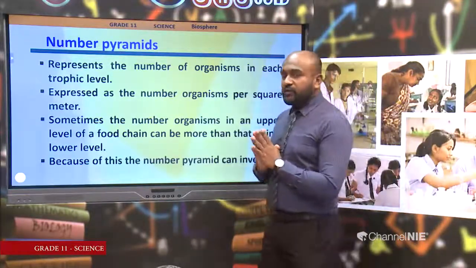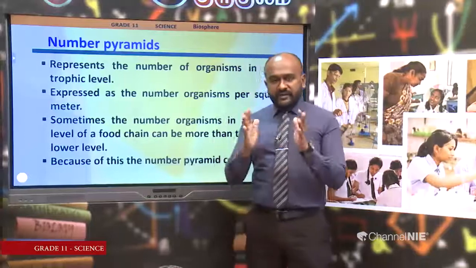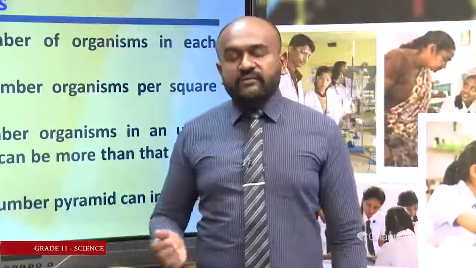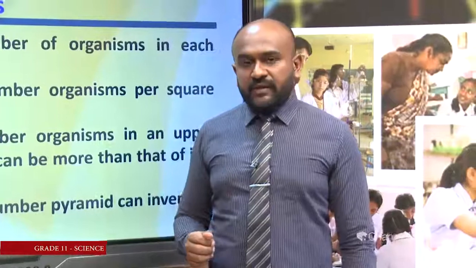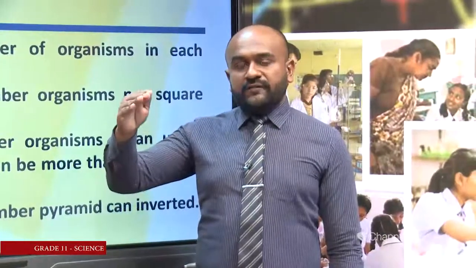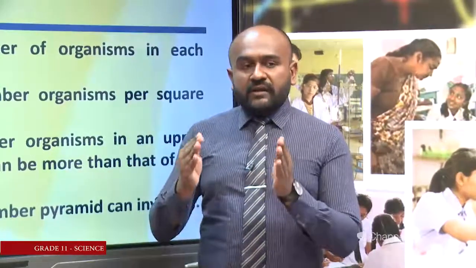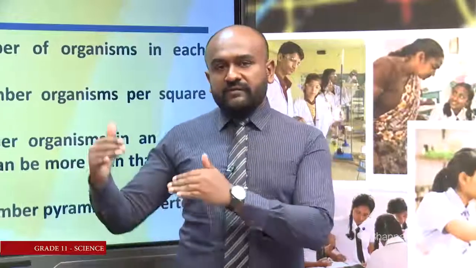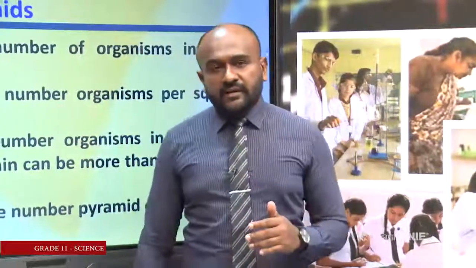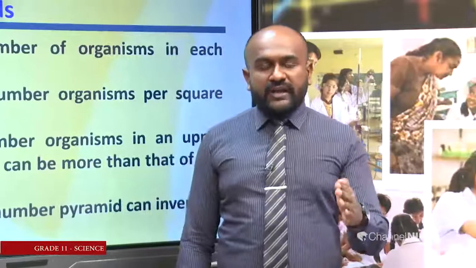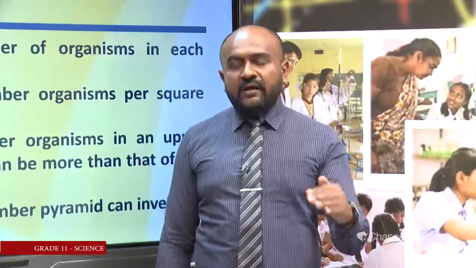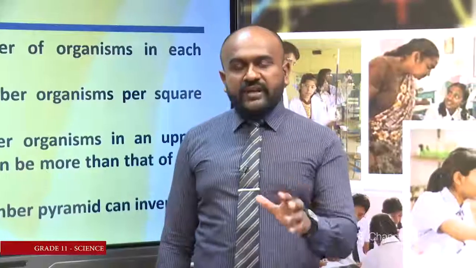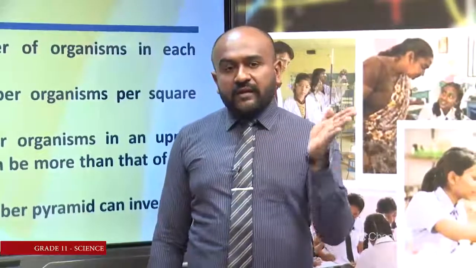When you get the number pyramids, we consider the number of organisms belonging to a particular species. Now, just think of a food chain like grass, grasshoppers, frog, and a snake. Normally we know we get more grass plants than grasshoppers, and we get more grasshoppers than frogs.